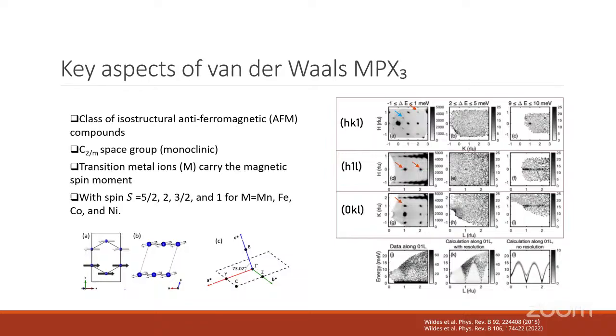As for modeling such van der Waals materials, there are a few key aspects we have to keep in mind. First of all, in this system there are isostructural antiferromagnetic compounds, as many previous studies have reported, such as the Curie-Weiss temperature, the antiferromagnetic structure of the system at low temperature, and also the susceptibility. These uncover the antiferromagnetic behavior of those compounds.